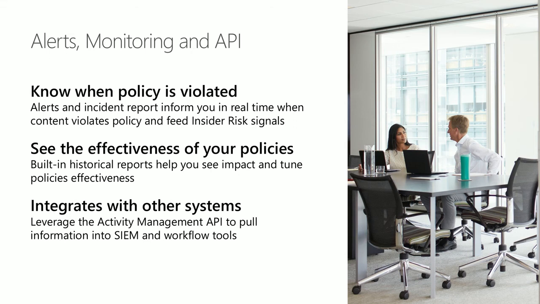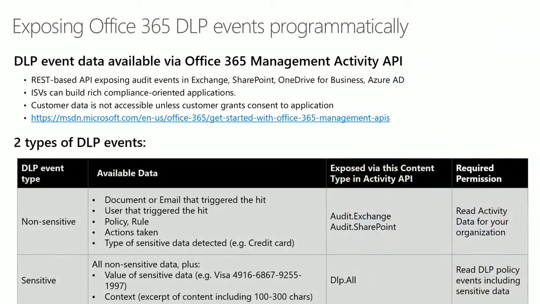All of the telemetry that gets generated from these DLP incidents flows into our audit pipeline. And by virtue of our Office 365 Management Activity API, you can extract all of that information and feed it into your third-party systems like SIEM or CASB to take the workflow to those components.